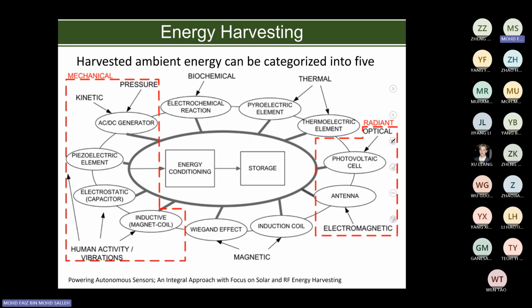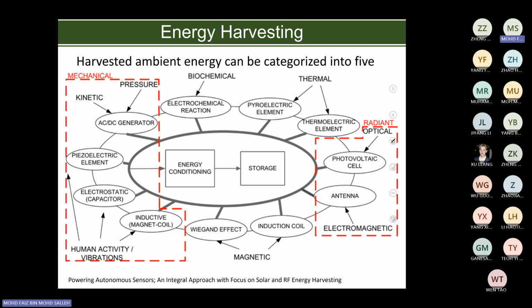Okay, the forms of energy. When we discuss energy, I think there is no clear-cut or standardized classification of the types of energy. I think you all know, generally we can say we have two types of energy.